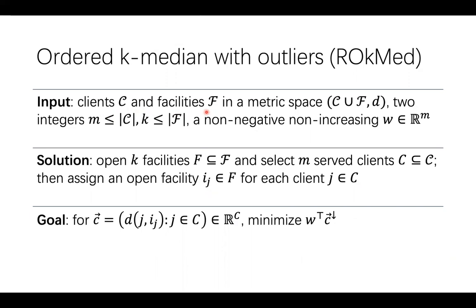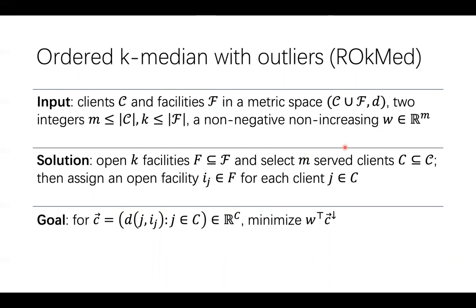We also have two integers m and k. And finally, we're given a non-negative, non-increasing vector w, which has dimension m. And the goal is to open k facilities and select m clients that are considered served.